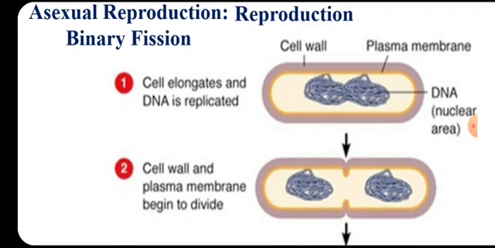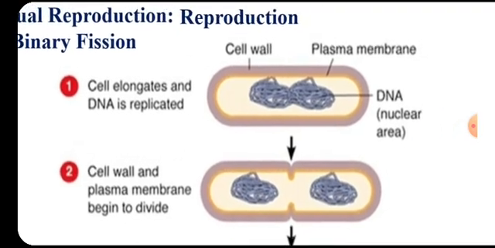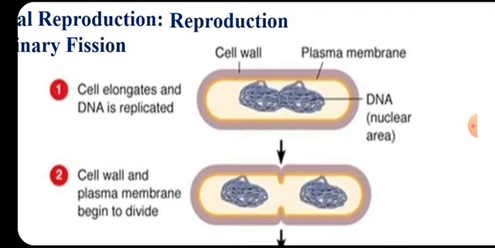This is the method by which most bacteria in general reproduce to produce two cells from one cell. The first step is that the genetic material and the biochemical machinery present inside the cell are doubled. So the first step is elongation of the cell, and the bacterial chromosome gets duplicated.